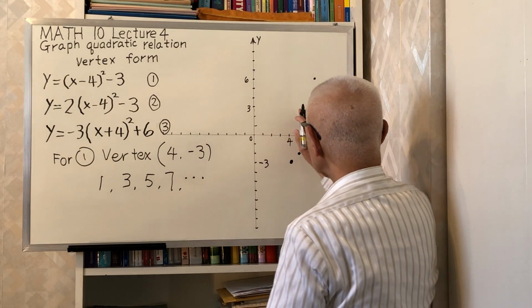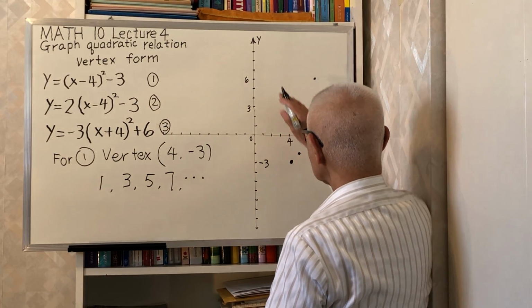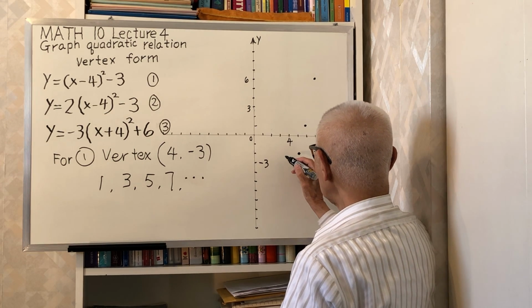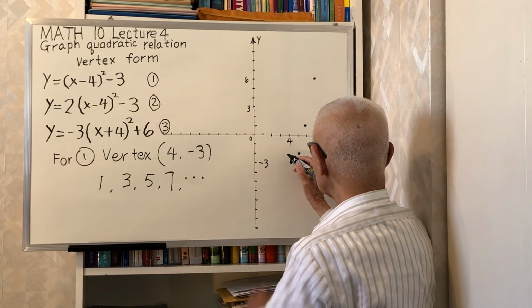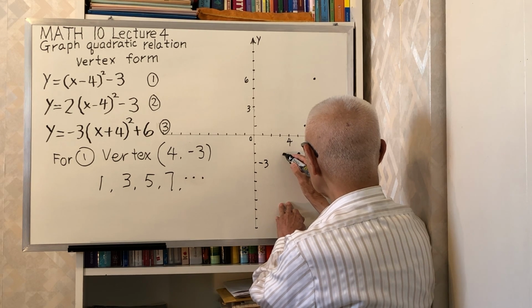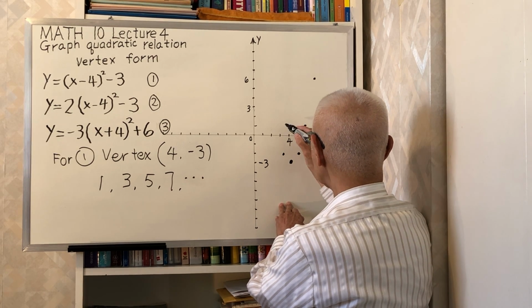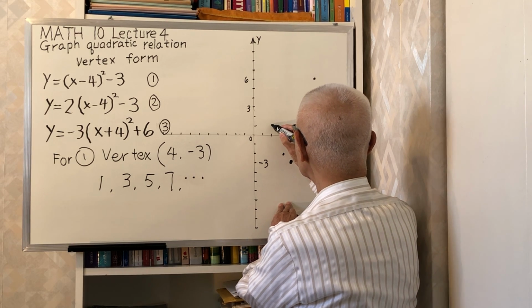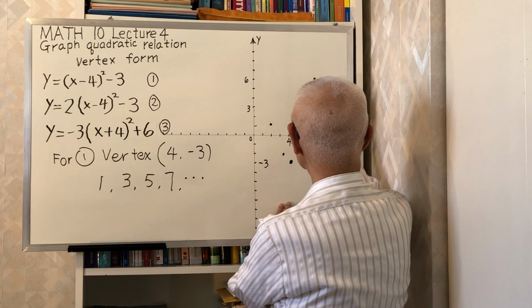And then this is the parabola, the right side of the parabola. The left side of the parabola is symmetrical to these points, so I just mark down this and this and this.